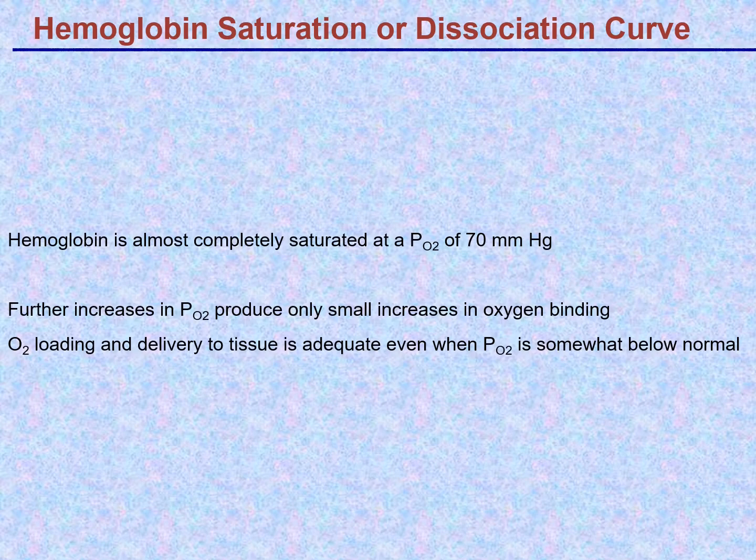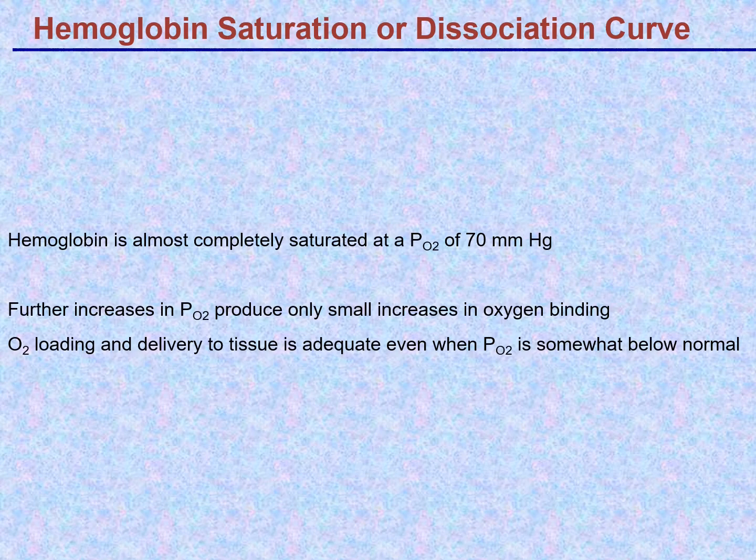So we can go to higher elevations where the PO2 is lower than 104 and still get our blood fully saturated with oxygen. The hemoglobin will be able to pick up enough oxygen to be fully saturated. Anything between 70 and 104, you're not going to get that much more oxygen binding to the hemoglobin in the lungs.